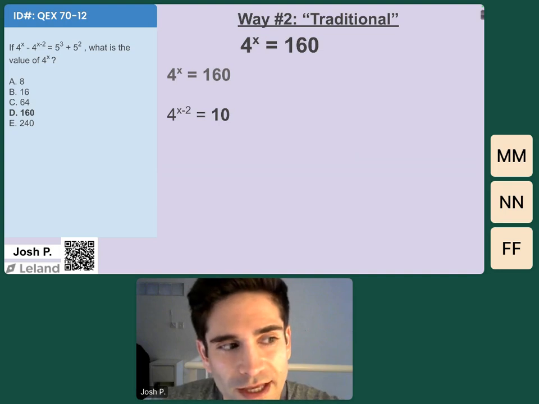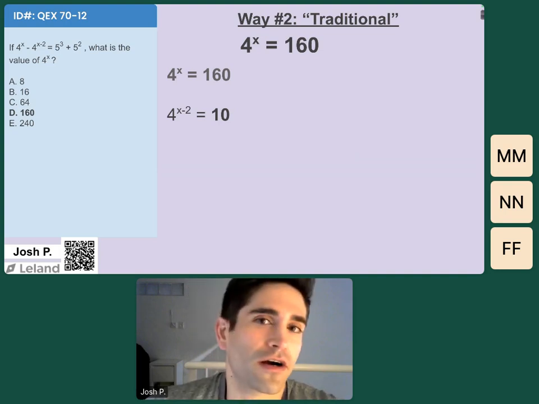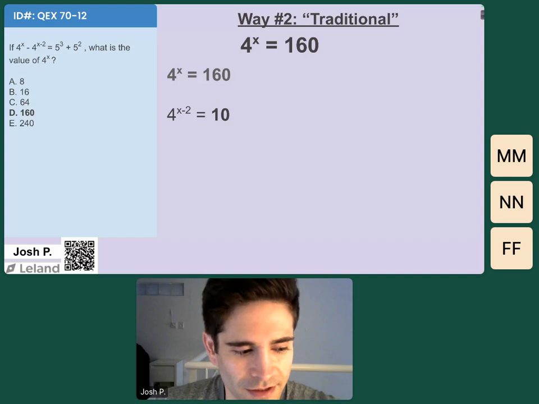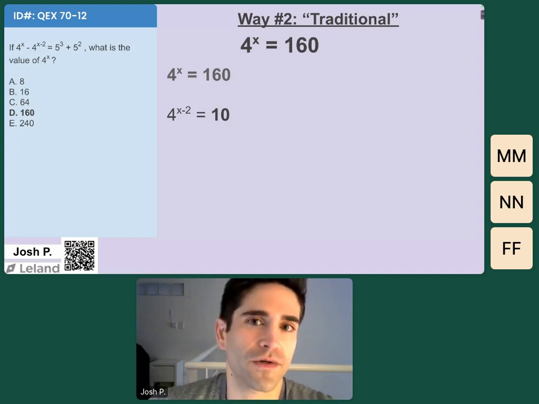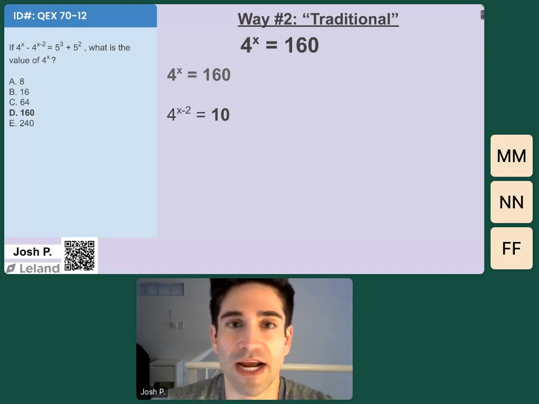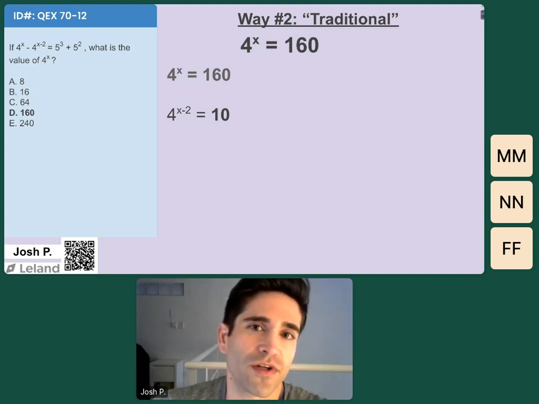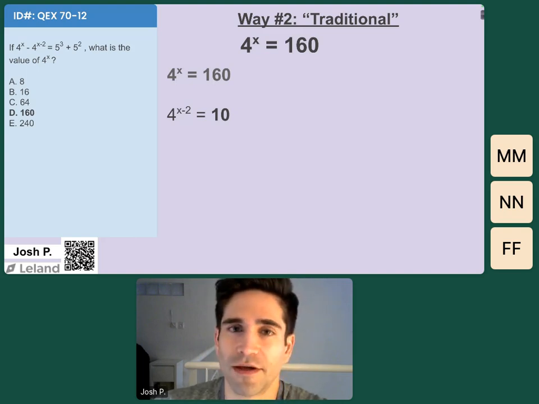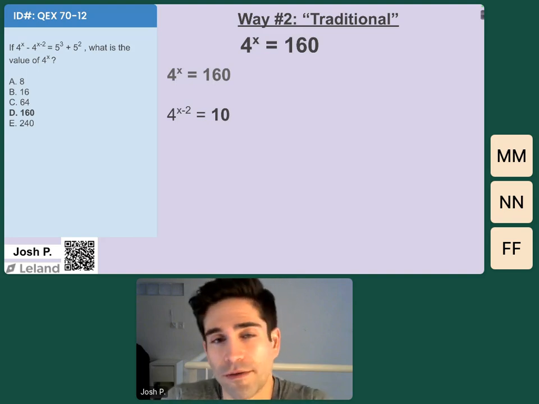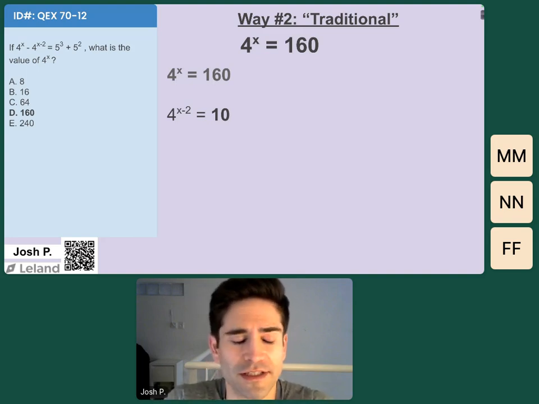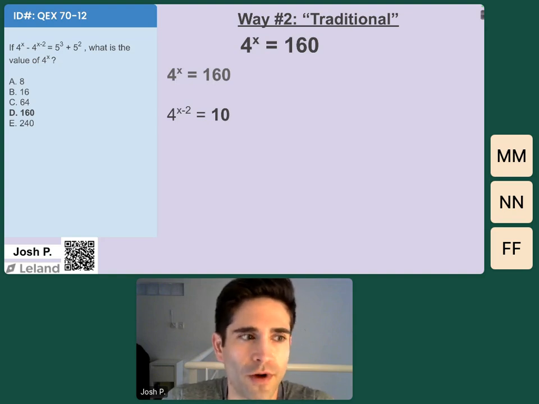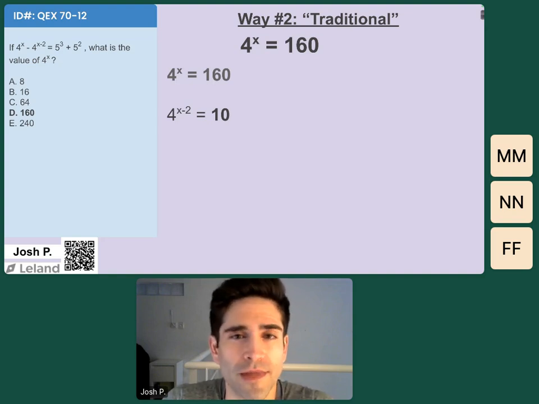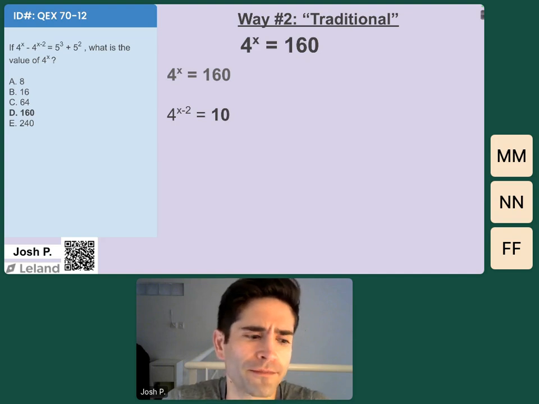So both ways are definitely appropriate ways to approach this particular exercise. I personally like the back solving method. And a question I have from my students sometimes is, how do I know when to use the answer choices? How do I know when to back solve?